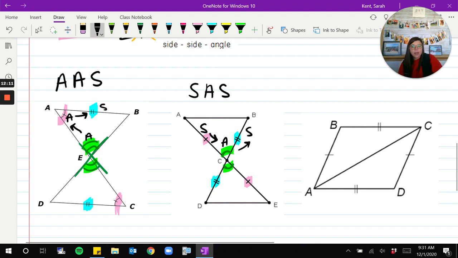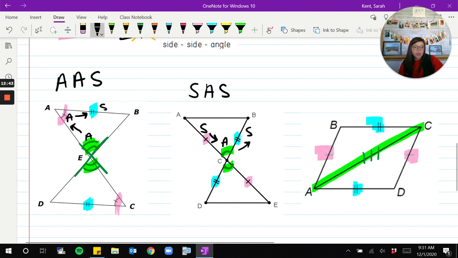And if we look at the last one here, I've got one tick mark, two tick marks, two tick marks. And then if you notice, this third side is on both triangles. So since this side is on both triangles, it's the same length for both, because it's that same line.